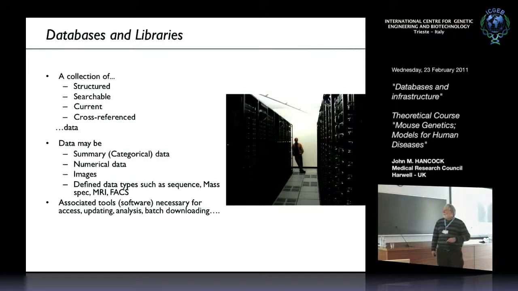And we can have quite specialized data types like MRI images, fax scans, that kind of thing. And the other thing that we can have on the internet that you can't have in books are tools to allow you to analyze that data. That's something that you would never have had just by going to the library. So the world of data is much expanded now that we have the internet.